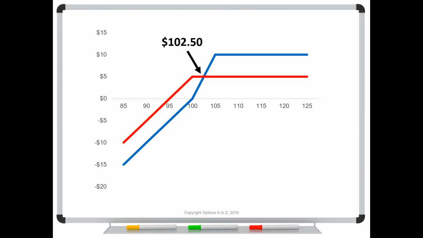So for any stock price above 102.50 at expiration, the blue curve, or my stock plus ratio spread, will outperform the covered call. But if the stock is below 102.50, then our strategy here in blue, the long stock plus the ratio spread, will underperform the covered call. So it's always about trade-offs. With options, you never get anything for free, but at least you get choices.